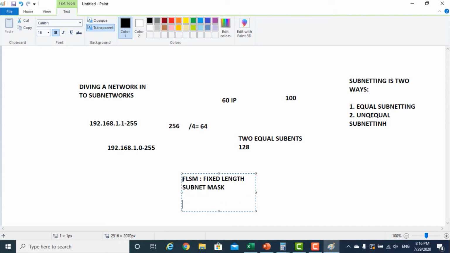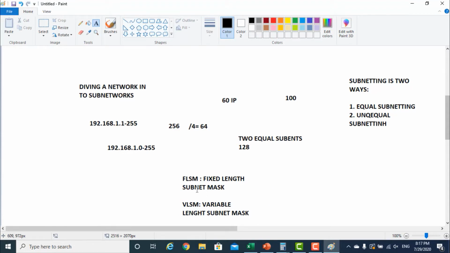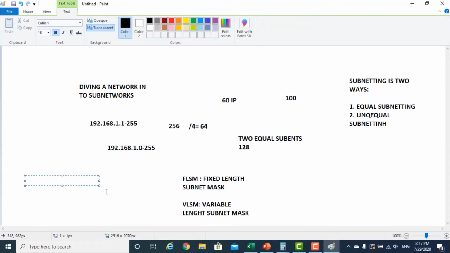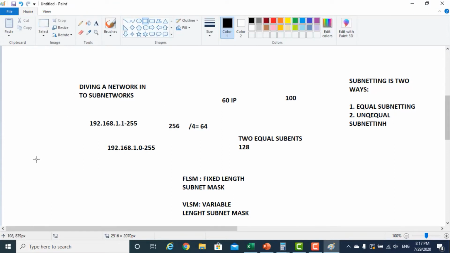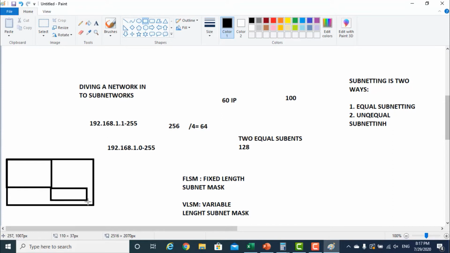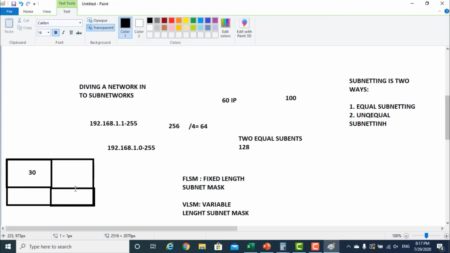And the second one, the unequal one, is called VLSM, or variable length subnet mask. And this variable length is really good. See, for example, there are 4 organizations inside a company. One of the organizations requires only, for example, 20 or 30 clients.